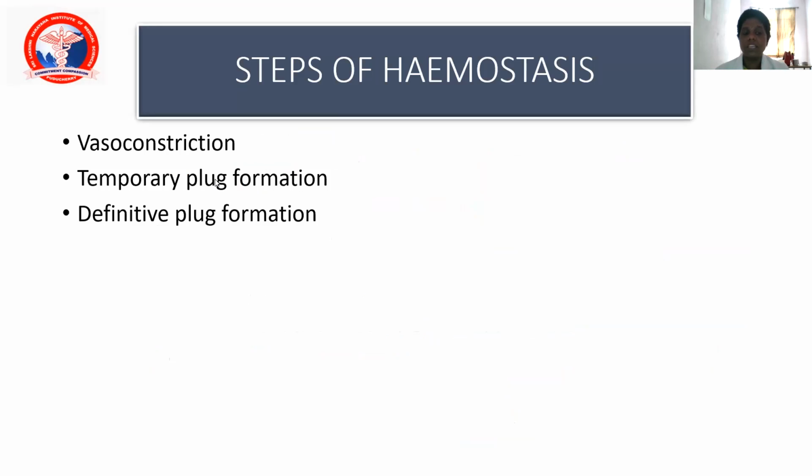And this should become a plug, that is, more platelets should be attached to that point of injury. So what happens is, the initial plug has four functions. The first one is that this temporary or loose plug which has been formed will seal the blood vessel.